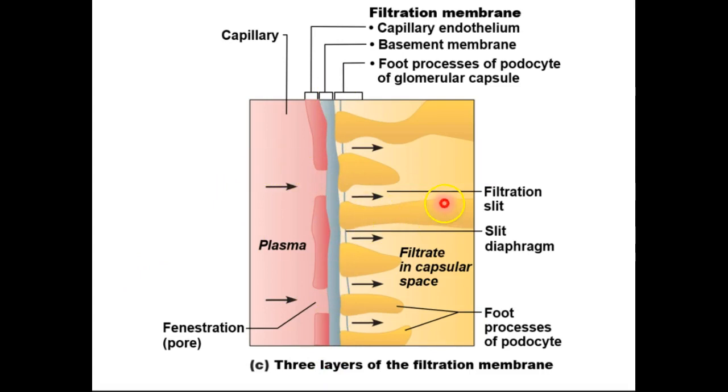So fluid can get through, ions can get through, very small molecules, urea, nitrogenous wastes, the things that make urine smell the way urine does, and the purpose of urine is to get rid of nitrogenous wastes, those will get through just fine. But larger proteins will be selectively withheld, whole blood cells will be selectively withheld, and if those things end up in urine, that means this membrane is compromised.